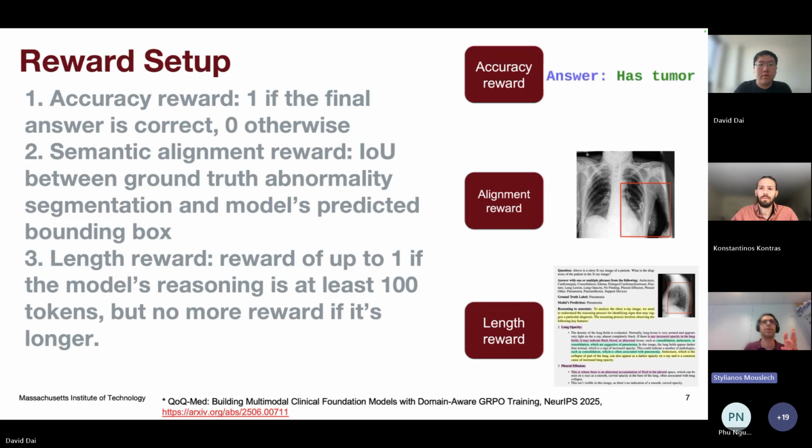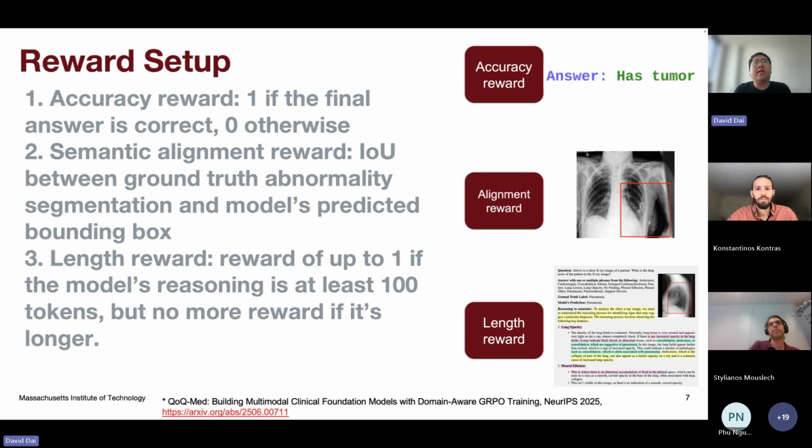Because this alignment reward seems to focus on the images. Does this mean that the interpretability reward is focusing on some of the modalities, and would that bias the training to focus towards imaging-based solutions, let's say?